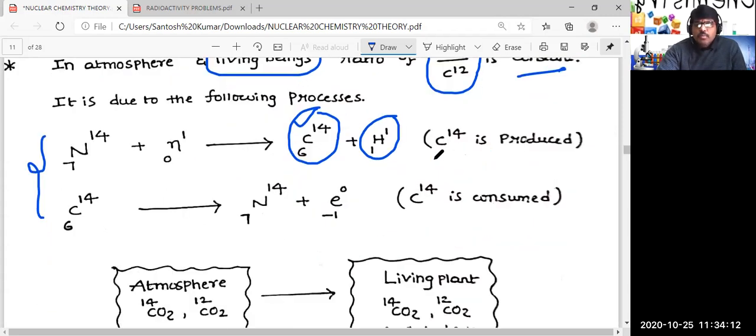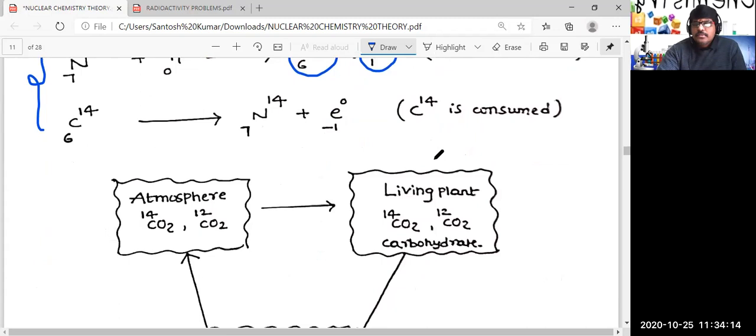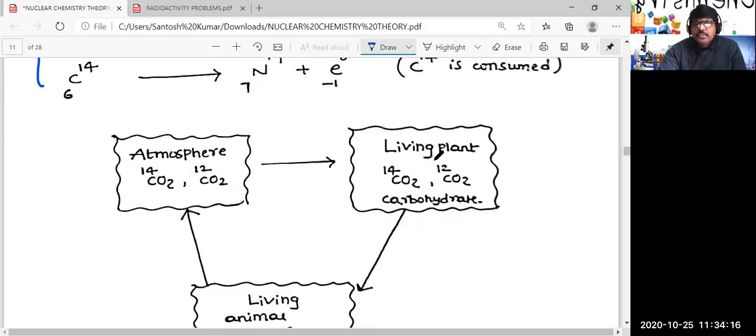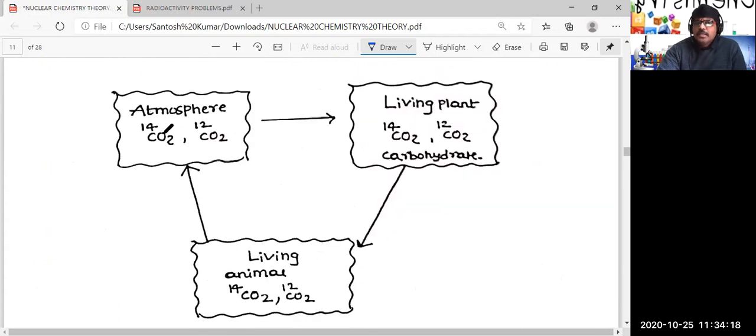And what is the process taking place here? Atmosphere has carbon dioxide, containing C14 and C12. And living plants, for the preparation of carbohydrate, perform the photosynthesis reaction, and plants absorb carbon dioxide.